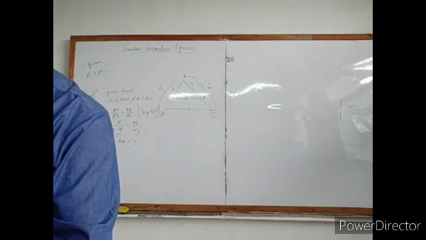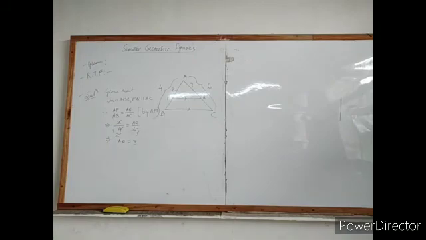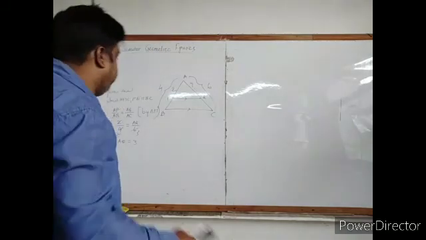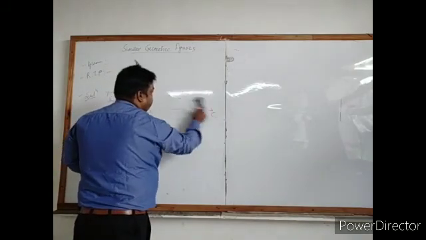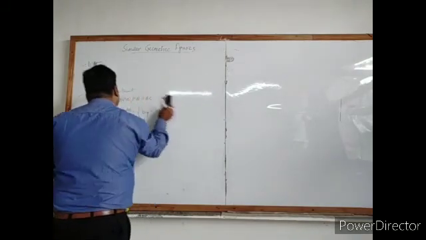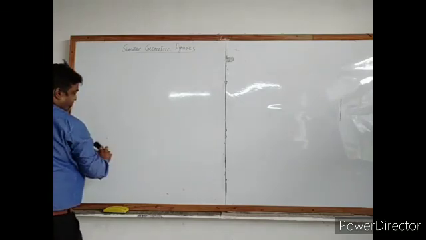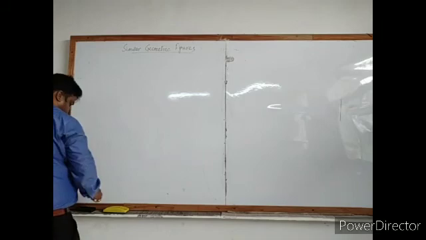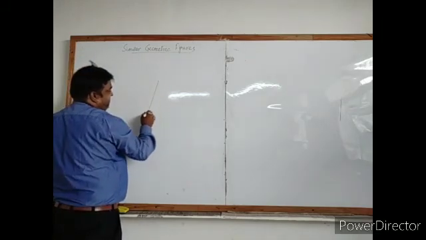So this simply gives 3 triangles. In the triangles you have to use the BPT, and at last the converse of BPT. This is a quadrilateral, they are telling.